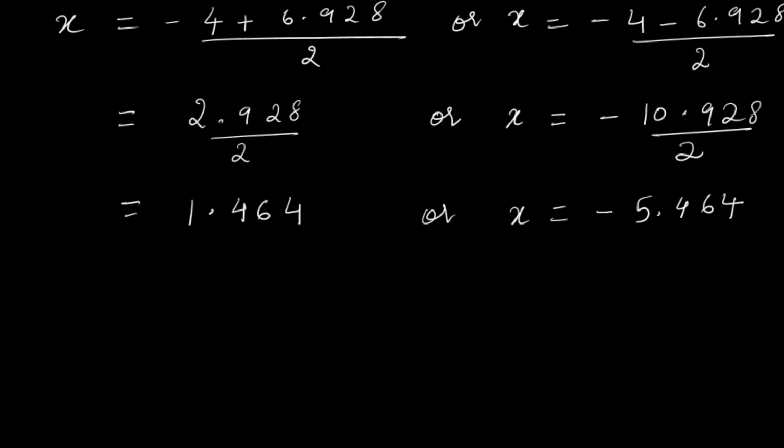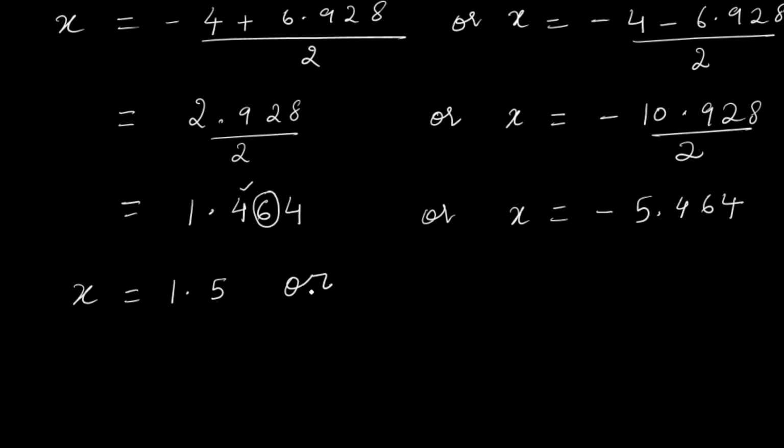We have to write our answer up to one decimal place. So one decimal place is 1.4, but after the first decimal you see 6 is there. 6 is greater than 5, so we have to round it off. So this will become 1.5.